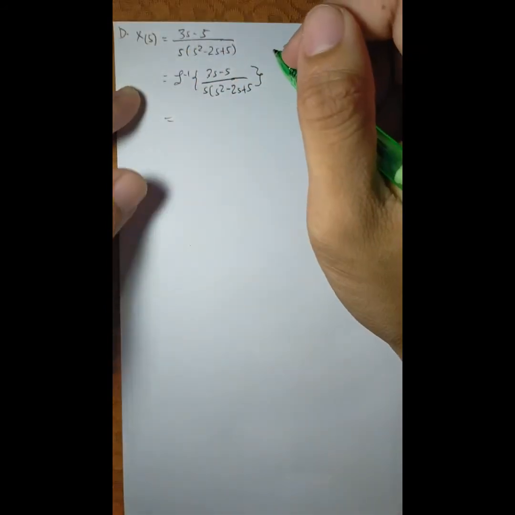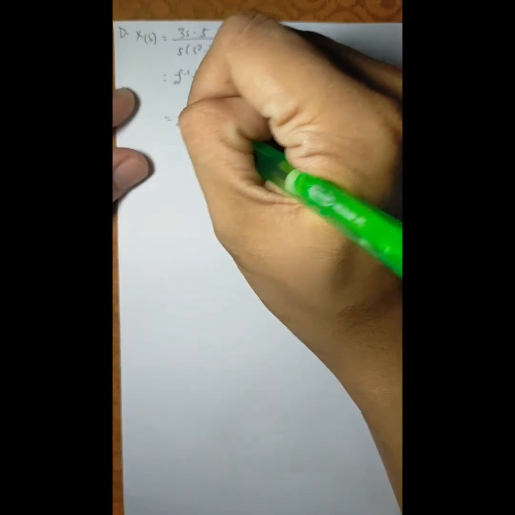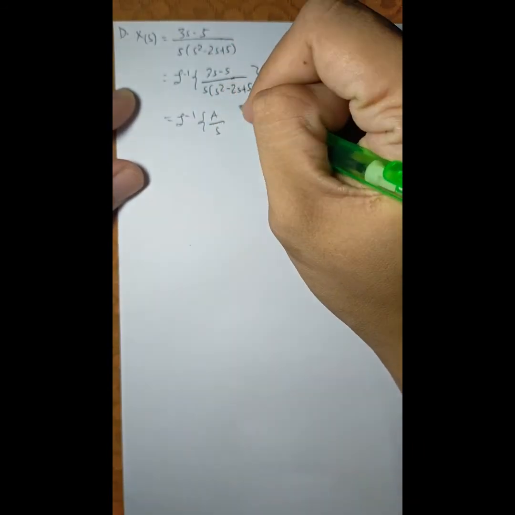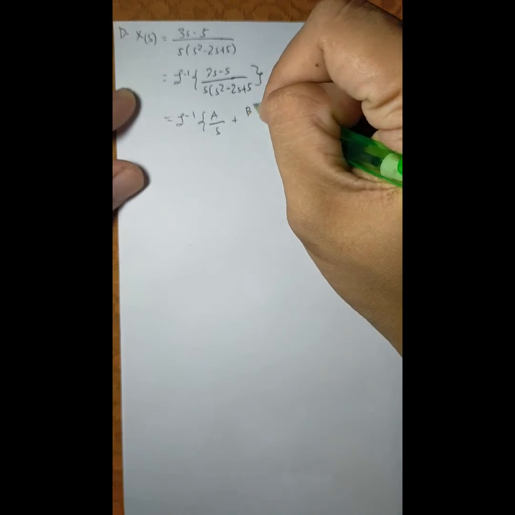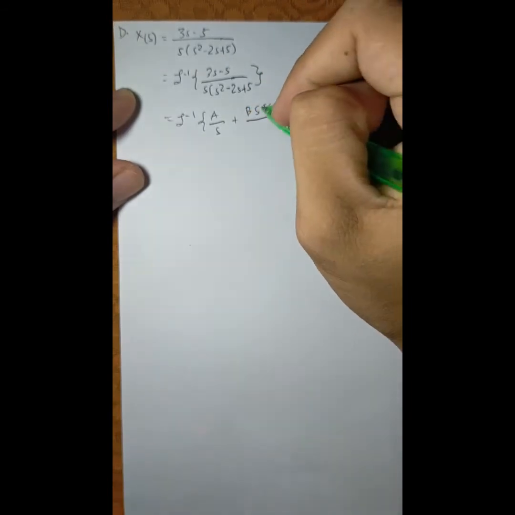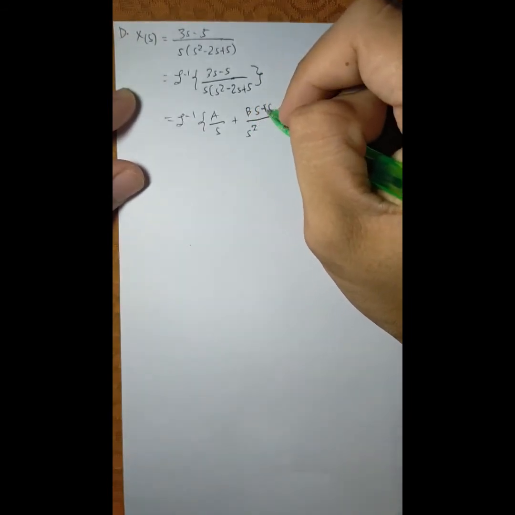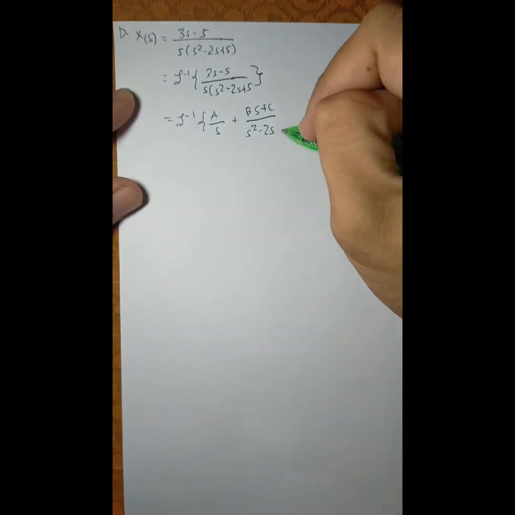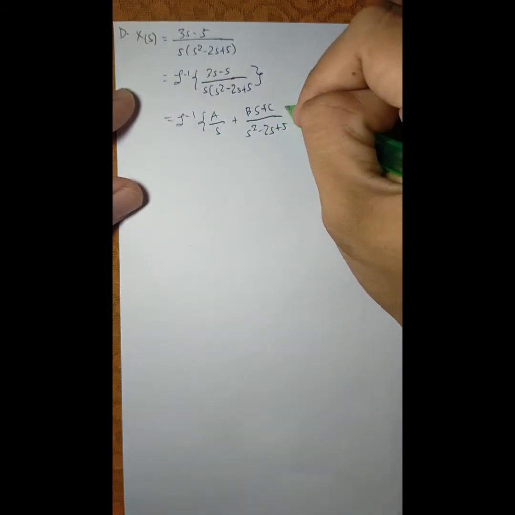And we will make it into partial fractions: the inverse Laplace transformation of A over s plus Bs plus C all over s squared minus 2s plus 5.